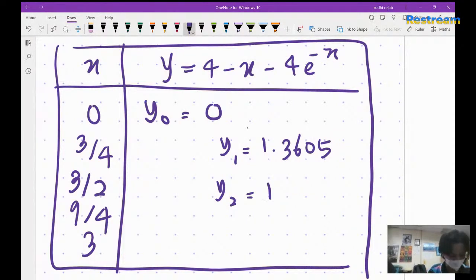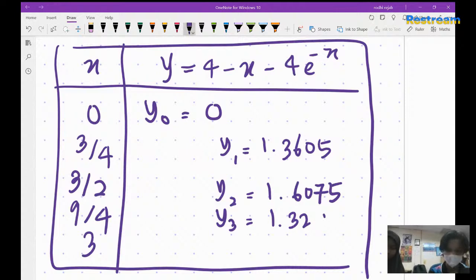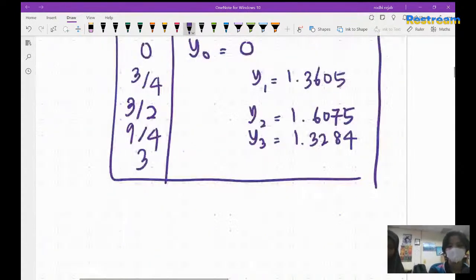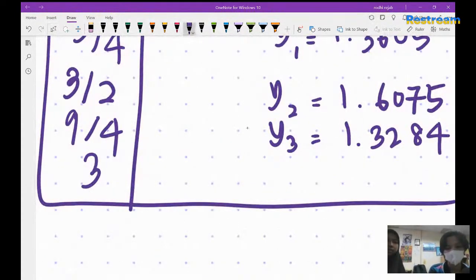And then y2 is 1.6075, y3 is 1.3284, and y4, which is yn, is 0.8009.